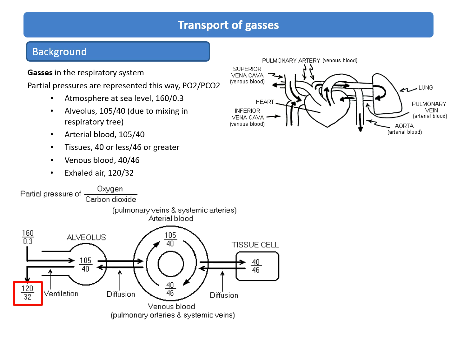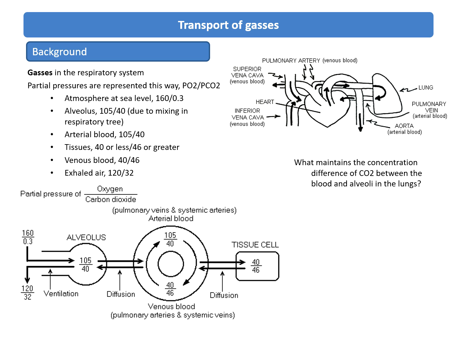Exhaled air, finally, has a partial pressure of 120 for oxygen and 32 for carbon dioxide. Notice that the exhaled air has a lot of oxygen in it. That's a good thing. Otherwise, mouth-to-mouth resuscitation would do no good.